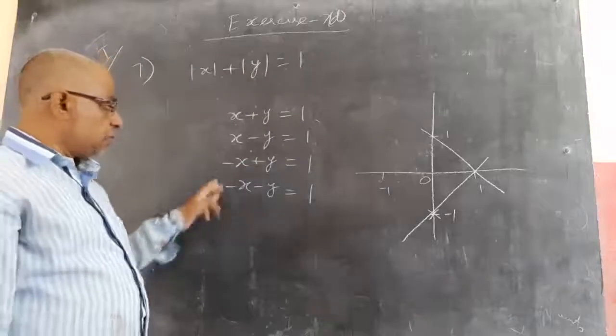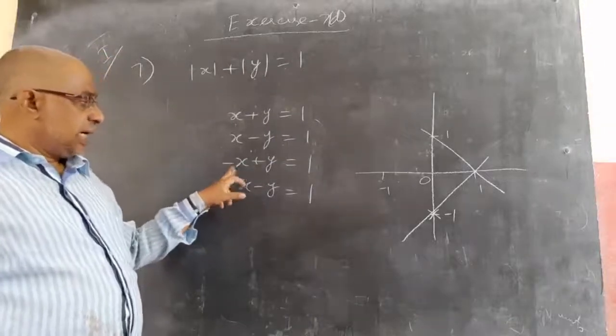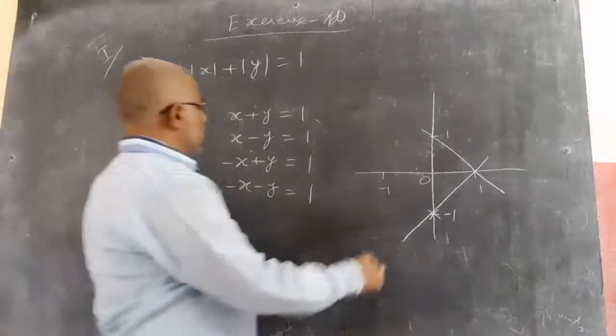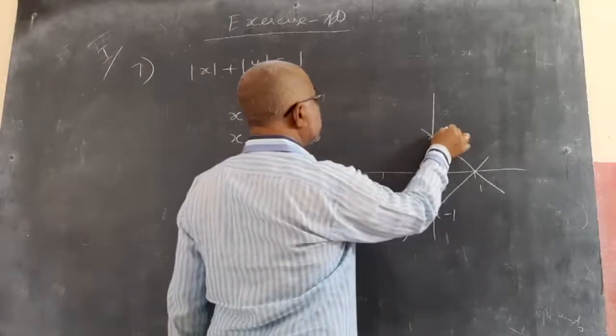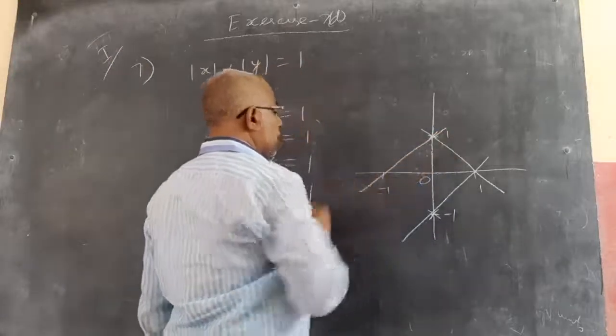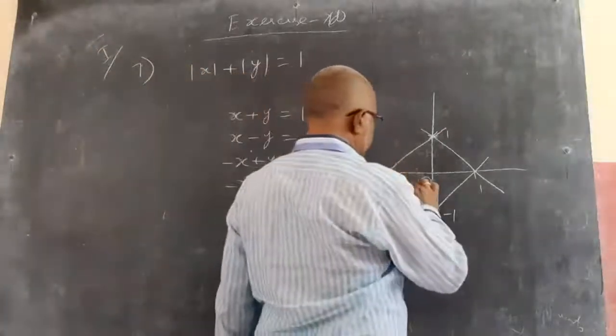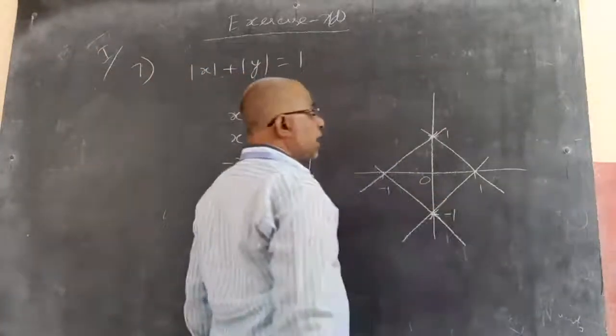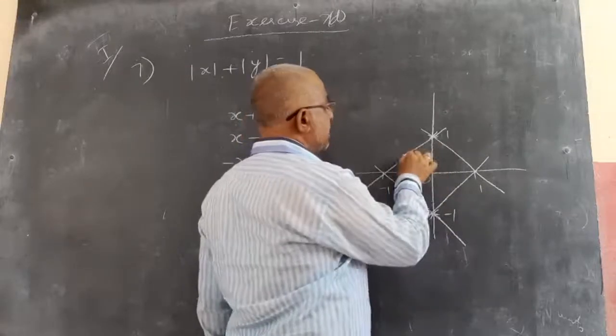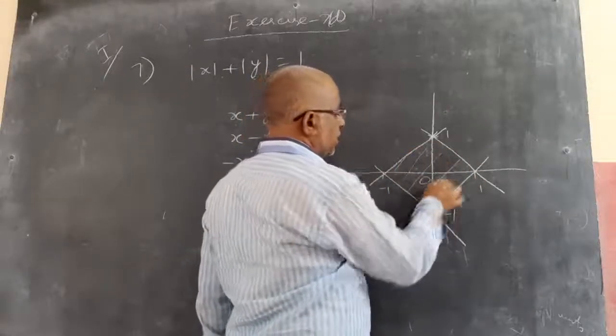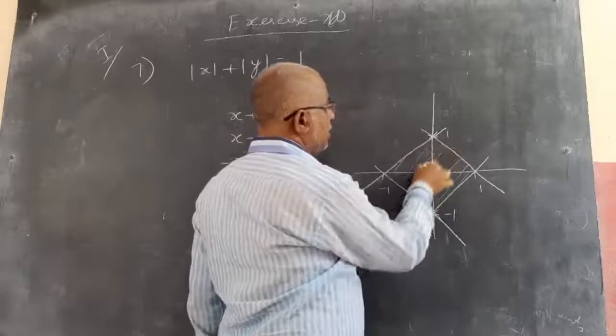For the third line, x is 0, y is plus 1, y is 0, x is minus 1, so this is the line. For the fourth, both are negative: minus 1 comma 0 and 0 comma minus 1. So the area between these 4 lines is this whole area that I want.